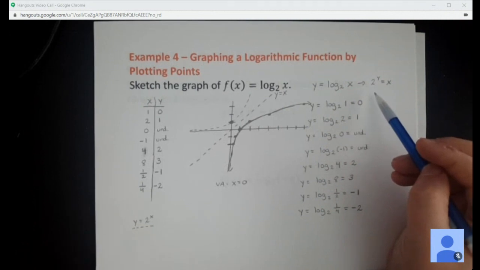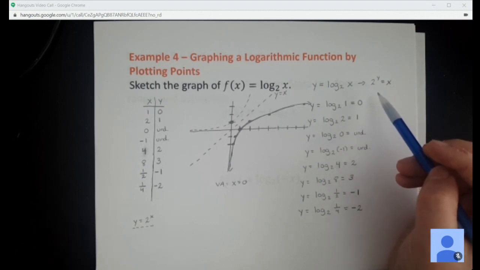But then how do we find an inverse of a function? Okay, so plug y for x and plug x for y, right?